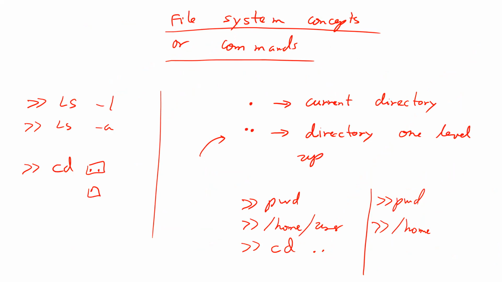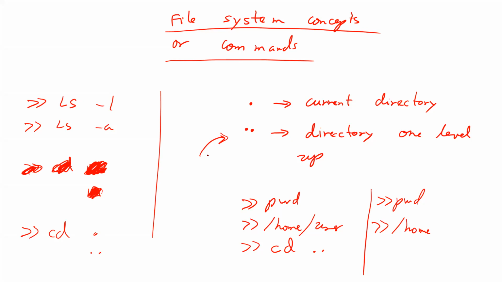So now as far as file system concepts or commands, you've been using these already, right? What this says is cd, and then you can do dot dot, so you can see those are being described here.